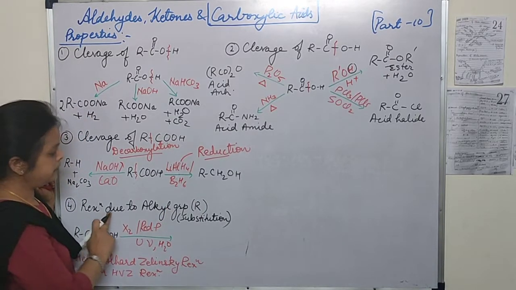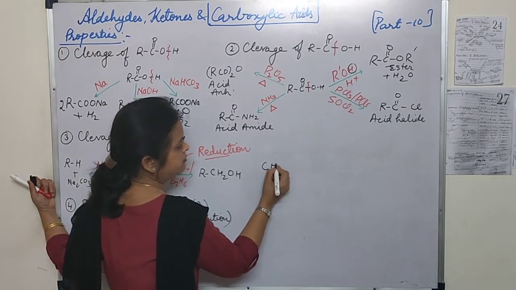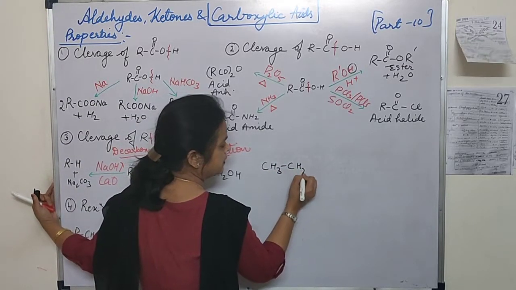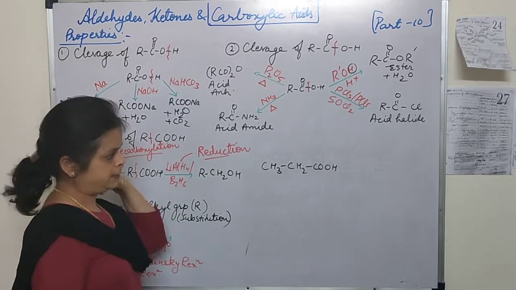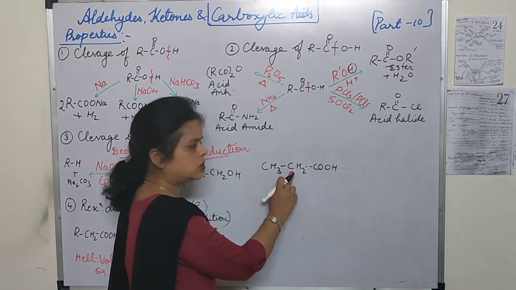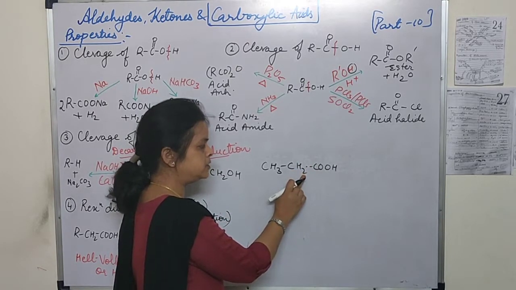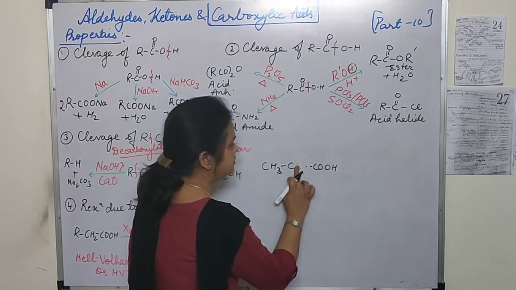Fourth category, reaction due to alkyl group. Now if you are having this type of acid, the alpha hydrogen: this is the functional group, and the carbon which is attached is called alpha carbon, and hydrogen which is attached to alpha carbon will be termed as alpha hydrogen. So I will write it like this.